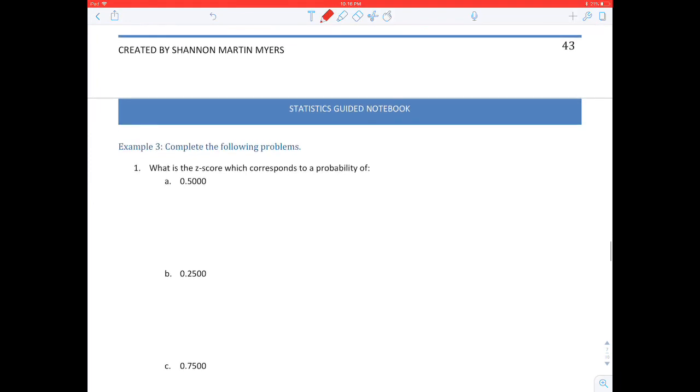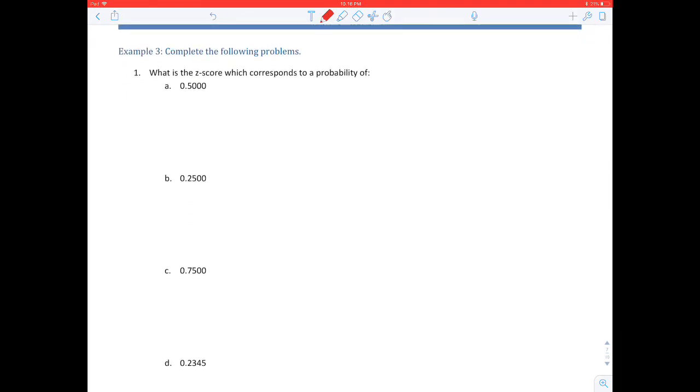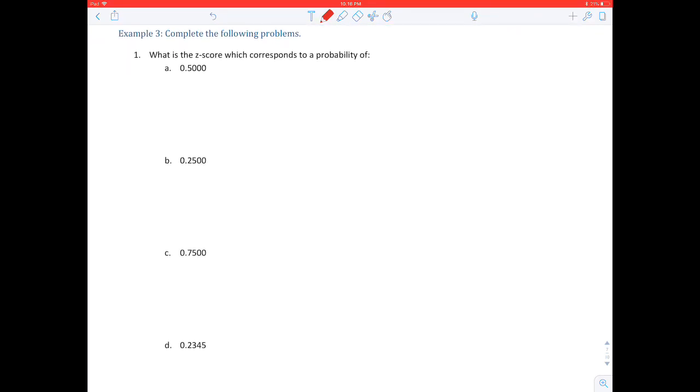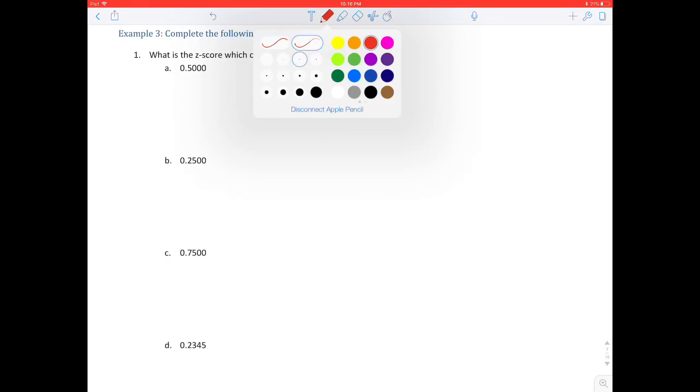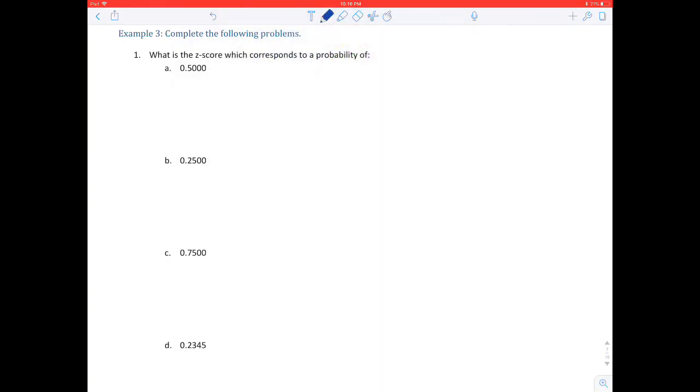And let's see what we have here. So we've done quite a bit of work of taking the z-scores and finding the area, but why don't we also look the other way around, right? So remember that when you're looking for area, you look in the body of the table and you find the z-score that corresponds. So our first one is an area of 0.5000.